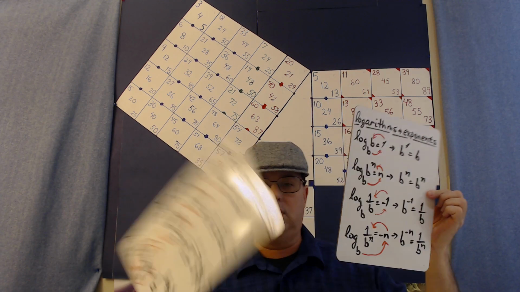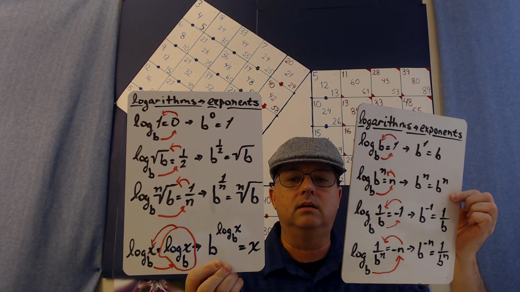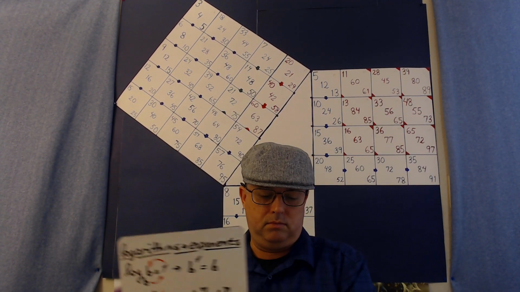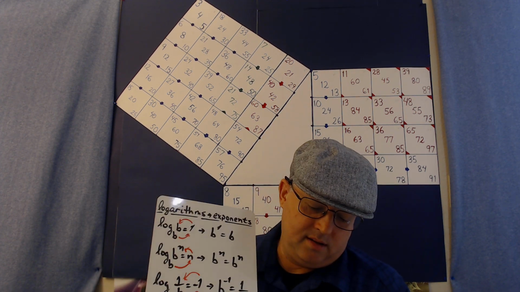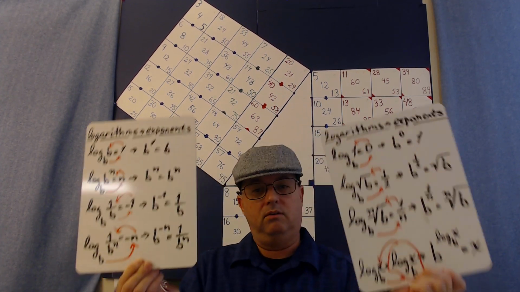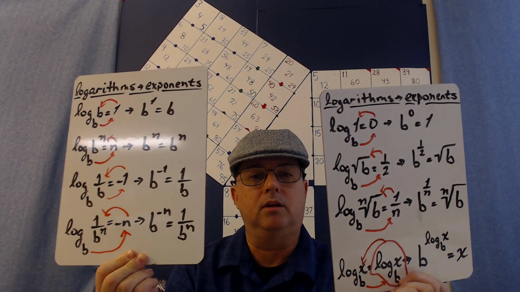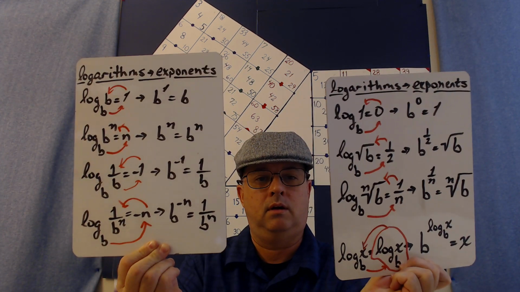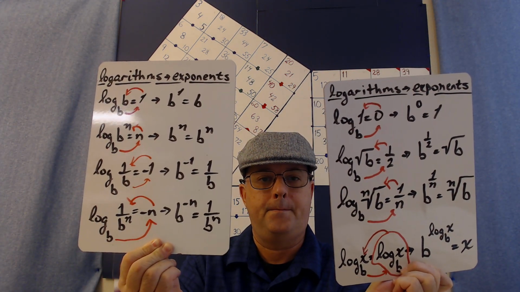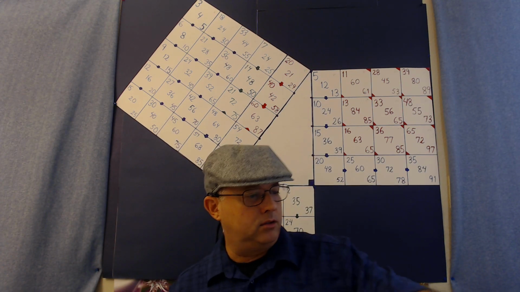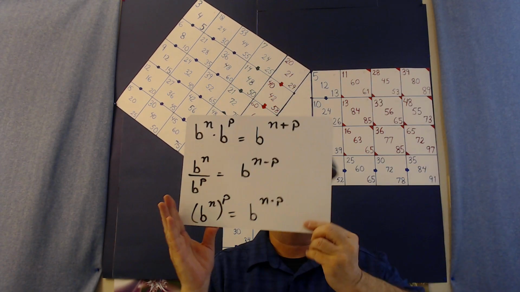So we have all these properties of logarithms here. Let's switch them. Put these in this hand and these in this hand. There we go. We have these properties for logarithms here, and then we have these properties of exponents.